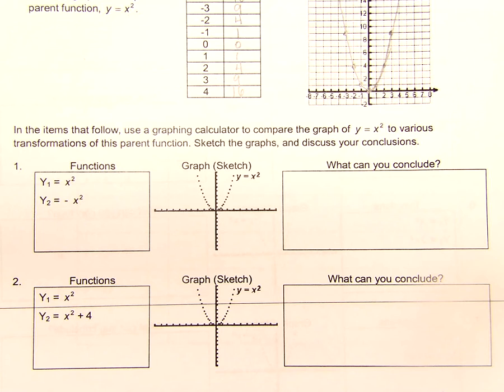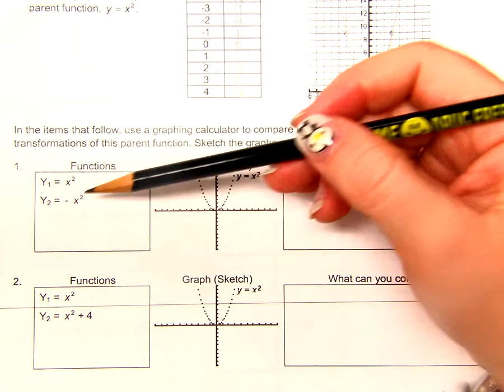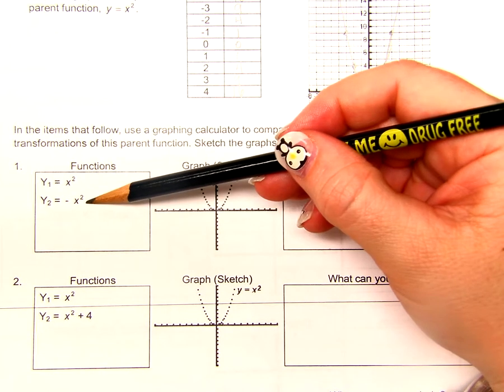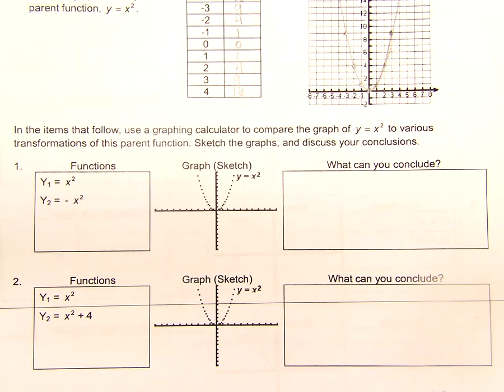It's not like, I mean, you are so smart, but some of these rules you're actually remembering and not just knowing out of your head. Which is fine. That's a good thing. Right? So here's the parent function, y equals x squared. Here's the function we want to graph, that we want to compare to the parent function. Okay?